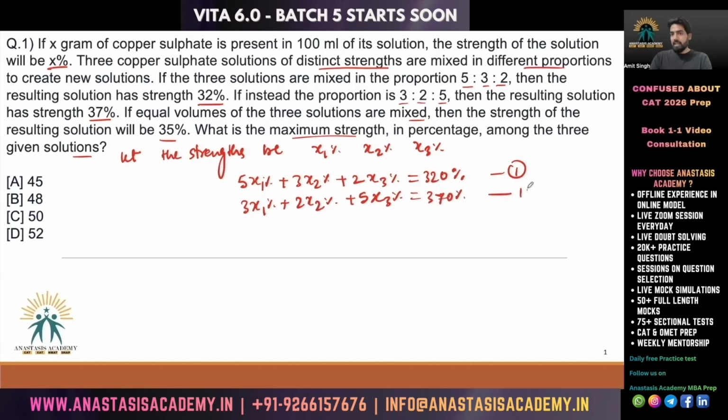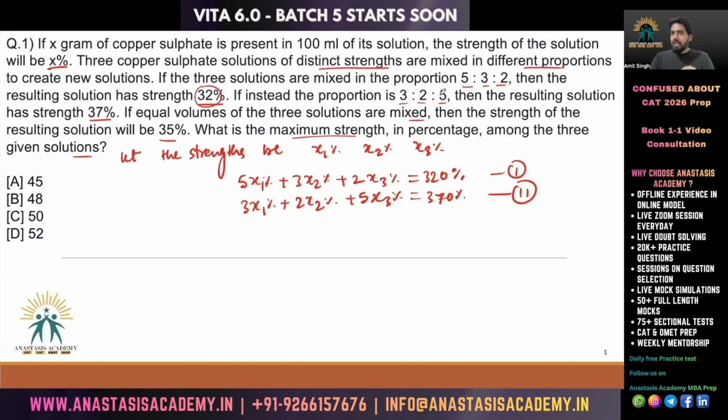Guys, I don't want you to blindly make these equations. Use your brain, use your smart brains. Can you see when I mix these three solutions in this proportion 5:3:2, I was getting the resultant strength as 32%.